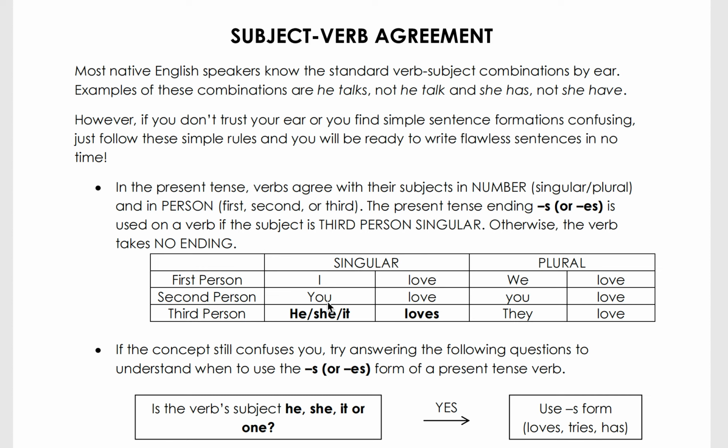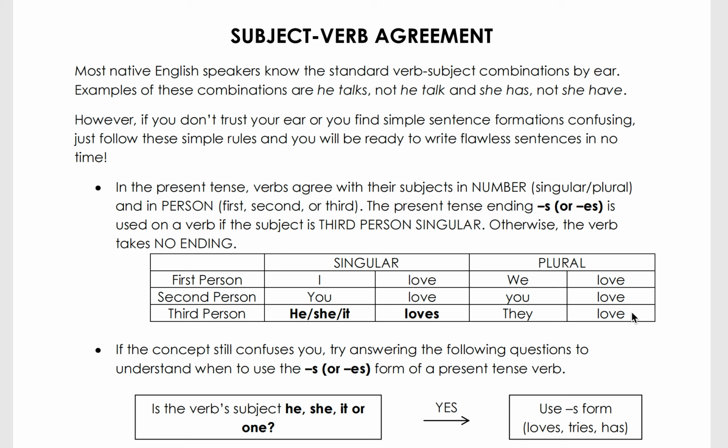Similar to the second person, it doesn't need an s at the end of the verb. But when it comes to the third person, and this is what you really need to remember, he, she, it, the verb needs to have an s at the end. But it's only for he, she, and it. For the plural, you don't have to.